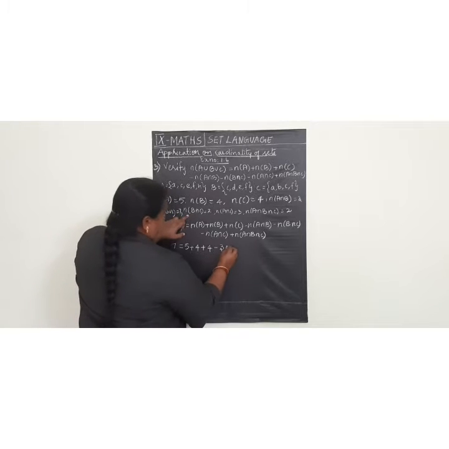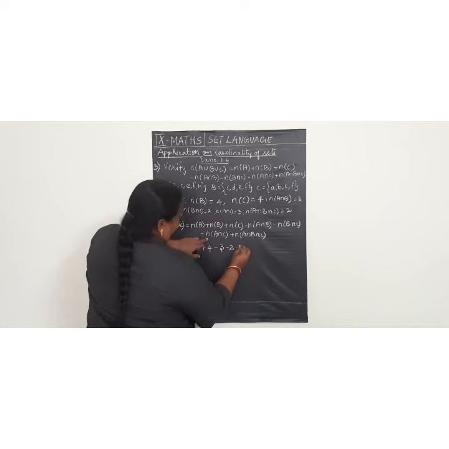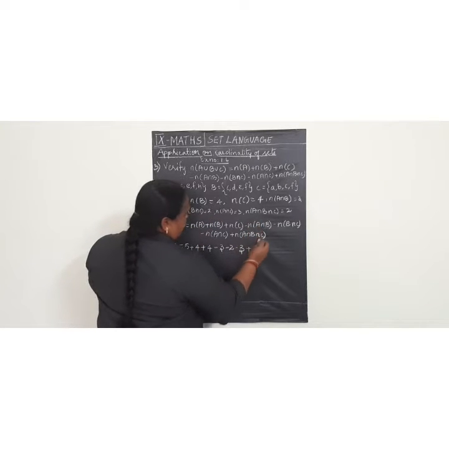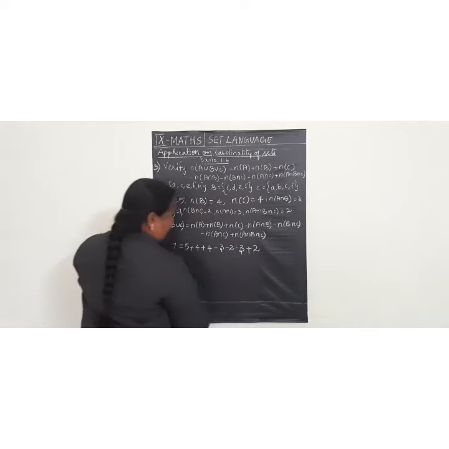Next, minus n of B intersection C, which is 2, minus n of A intersection C, 3. Next, plus n of A intersection B intersection C is equal to 2.